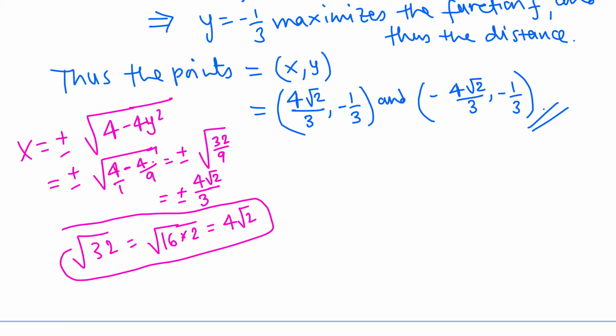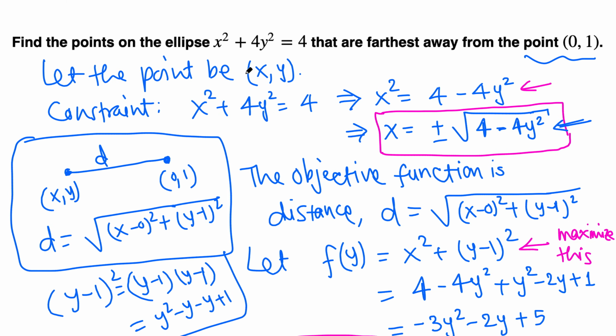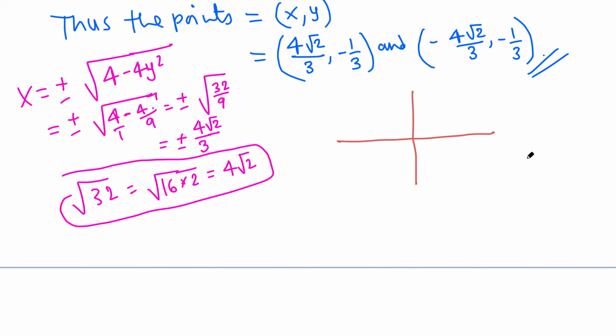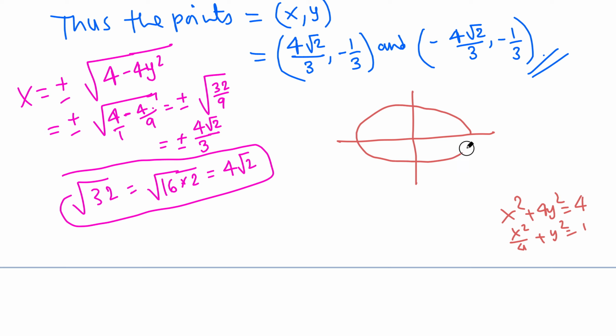Okay, done. But if you want to show what really happened in this question, we were given an ellipse. Okay, the ellipse is x² + 4y² = 4. Divided by 4, we get x²/4 + y² = 1. Okay, so we have an ellipse something like this.